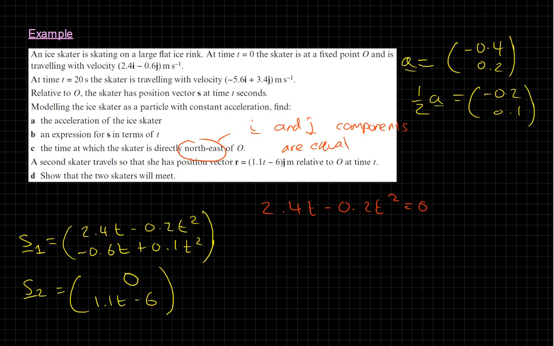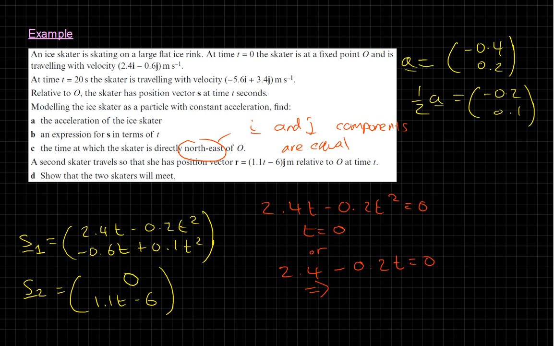And it happens when either t equals 0, or we take out the t factor. So we divide by t, we get 2.4 minus 0.2t equals 0, which implies 0.2t equals 2.4.